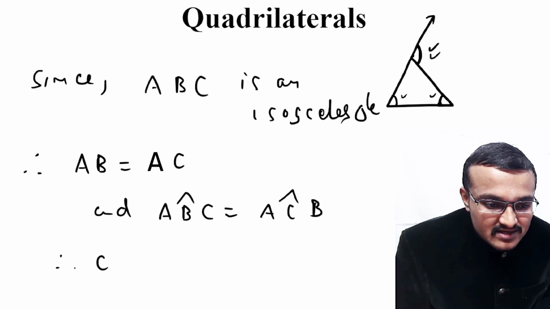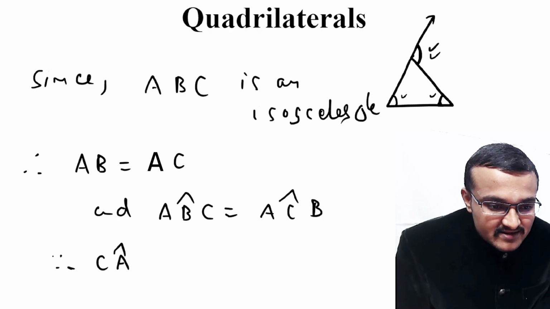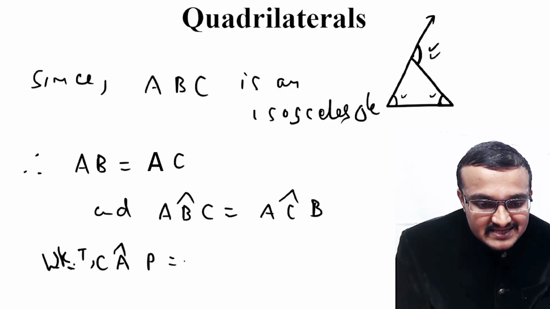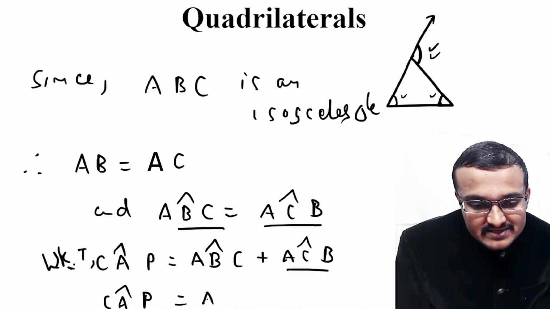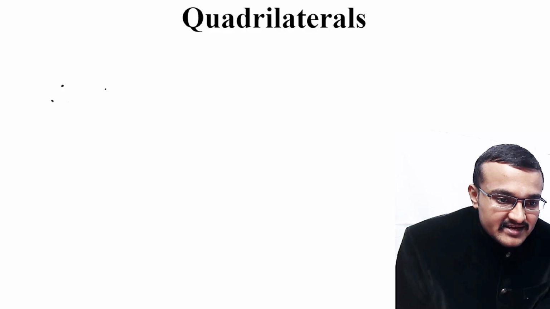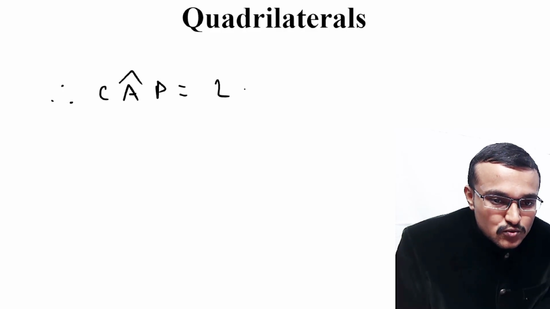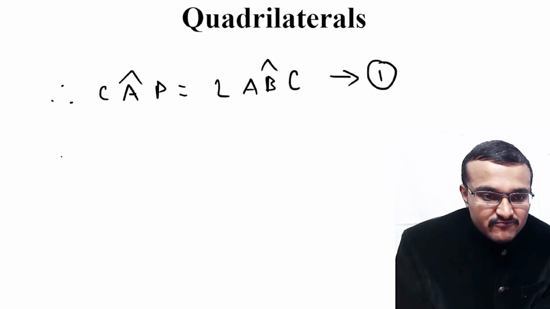So therefore, we know that CAP is equal to ABC plus ACB, and we know that ACB is equal to ABC. So in the place of ACB, I can write ABC only. CAP is equal to ABC plus ABC. Therefore, CAP is equal to 2ABC. So we'll call this equation 1.